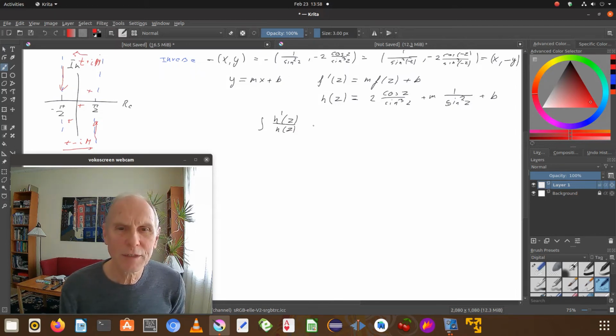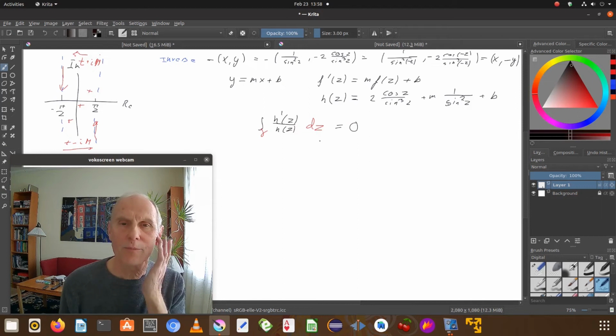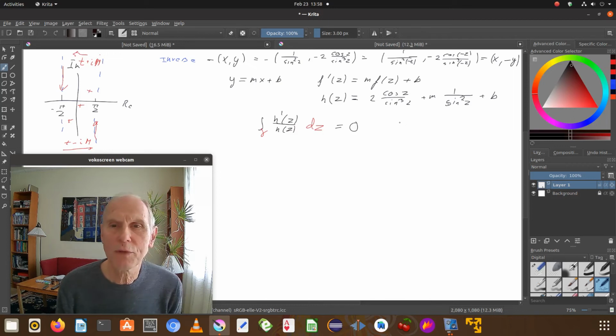So that means that this integral vanishes. Therefore, the number of poles equals the number of zeros. And we have a pole at naught of order 3, so we have 3 zeros.